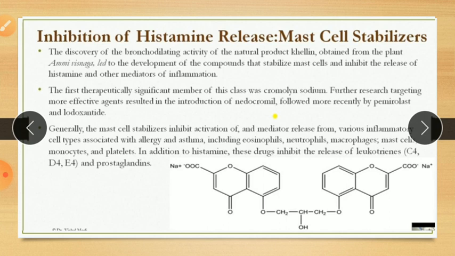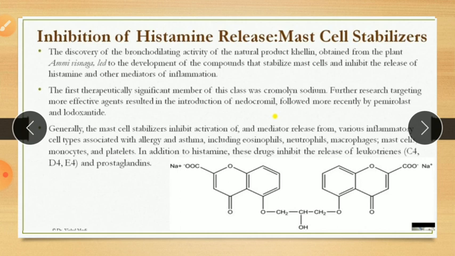The first therapeutically significant member of this class was cromolyn sodium. Further research targeting more effective agents resulted in the introduction of nedocromil, followed more recently by pemirolast and iodoxamide. So these are some mast cell stabilizers.